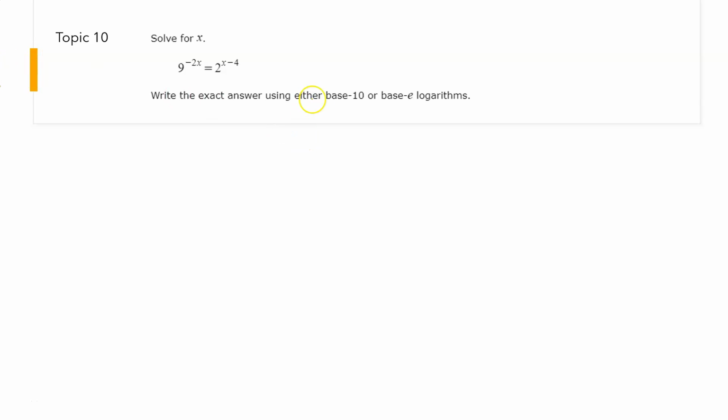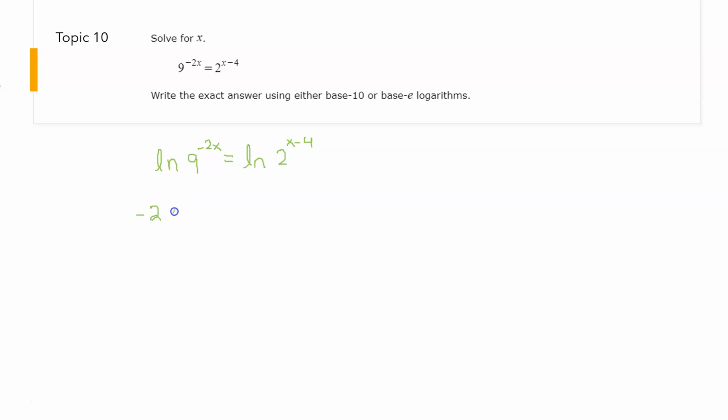It is like the one that I asked you, to write the exact answer using either base 10 or base e. So in this case, as I did the last one with common logarithm, now I'm going to use natural logarithm to make you understand that it's exactly the same whichever logarithm you use. So you are going to use natural logarithm of 9 to the 2x.